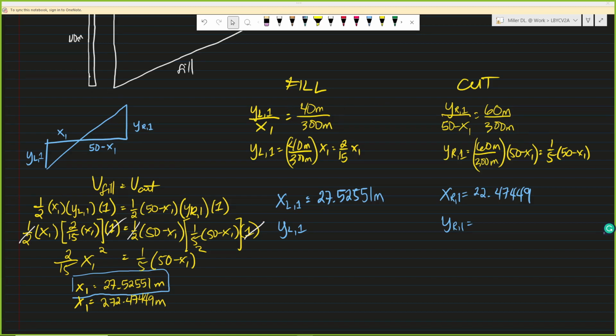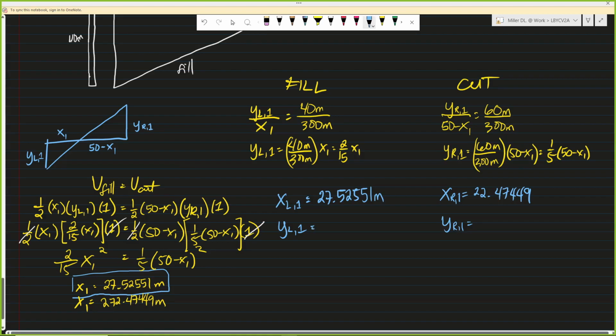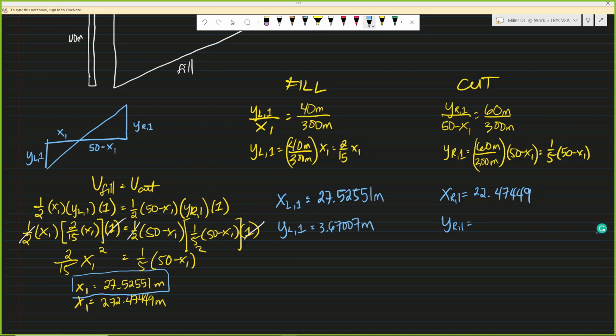Kindly compute. We have 3.67007 meters, while YR sub 1 is 4.49490 meters.